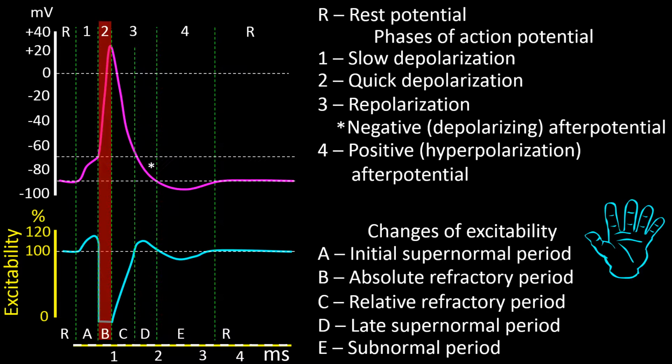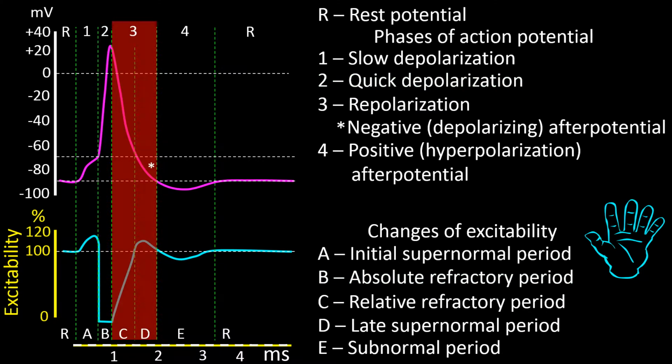The next area highlighted in red is the quick depolarization phase of the action potential that corresponds to the absolute refractory period in the excitability chart.